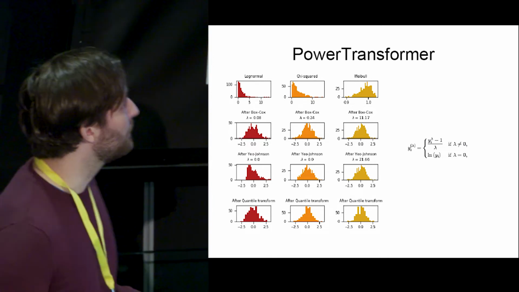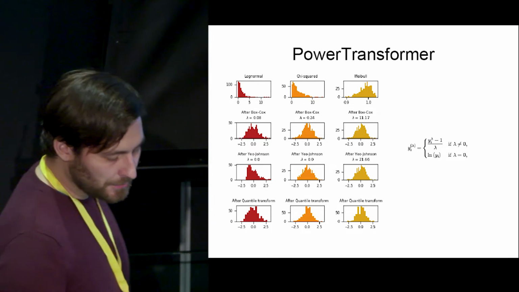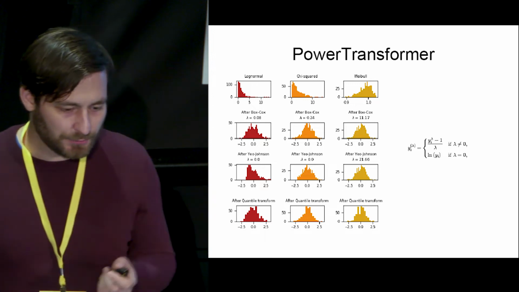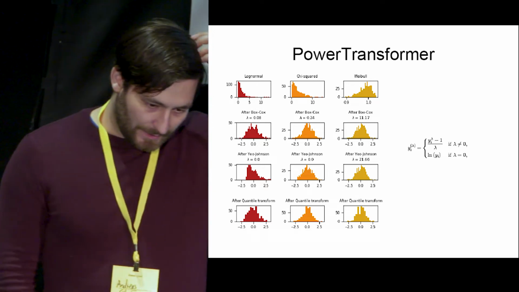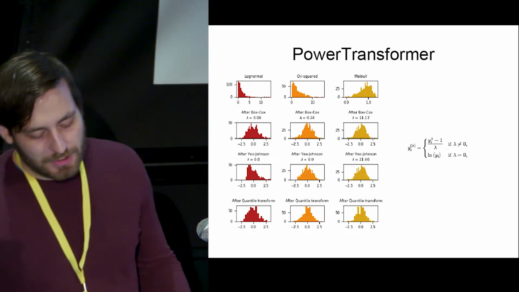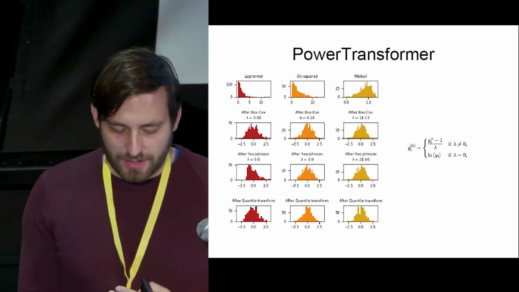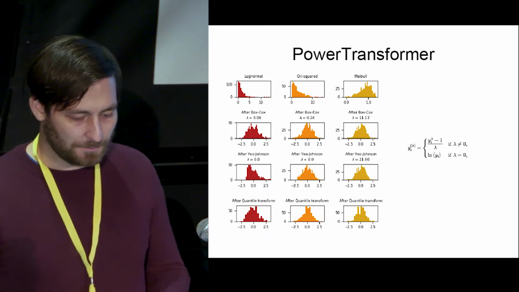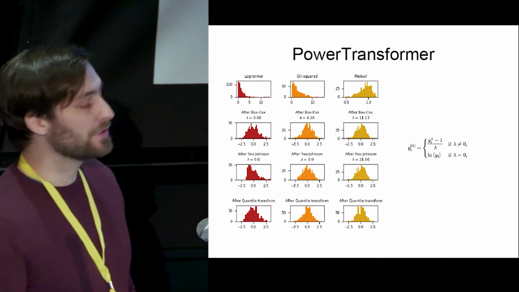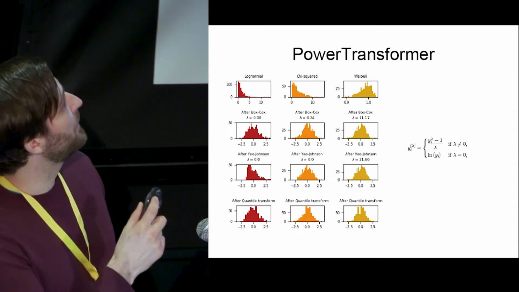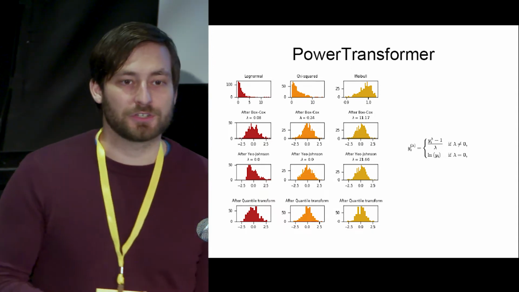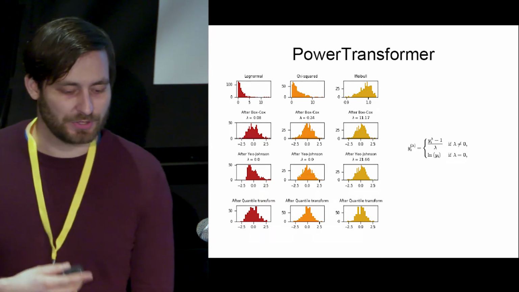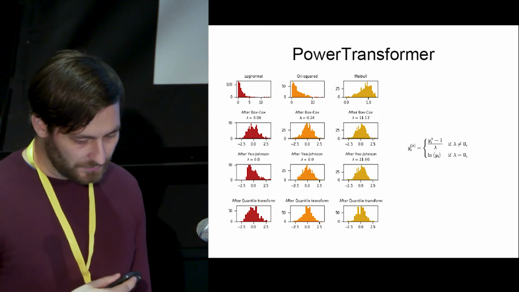Cool. Going with the theme of easier preprocessing, another thing that we added is the power transformer, which allows you to change the distribution of inputs in a flexible way. So the idea is if you have a skewed distribution as shown up here, linear models and neural networks are often somewhat sensitive to the distribution of the data.